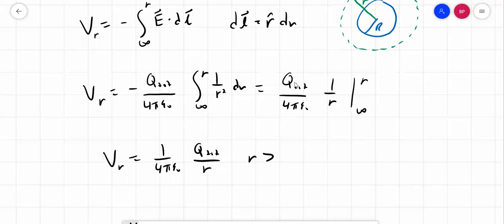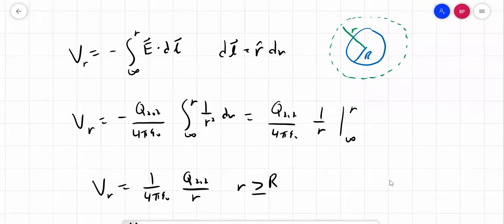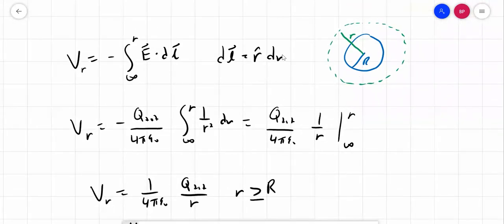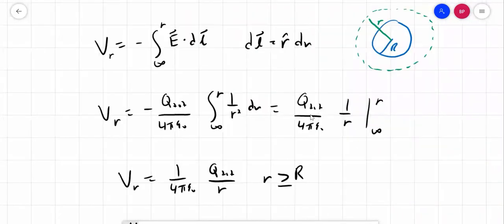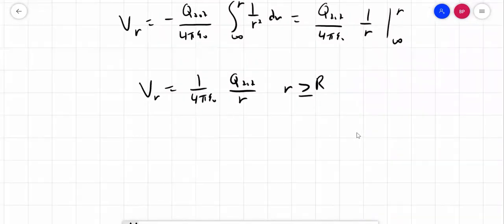So this is for r greater than capital R. So I should say it's greater than or equal. If we look at it on the surface, our electric field has the same form. It's still given by this thing. So our voltage on the surface, we just sub in capital R for little r.